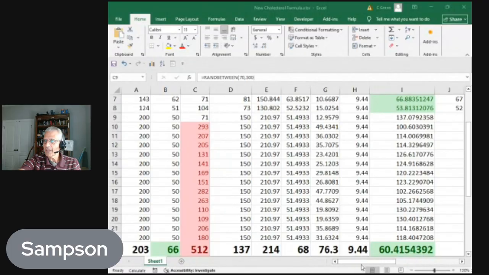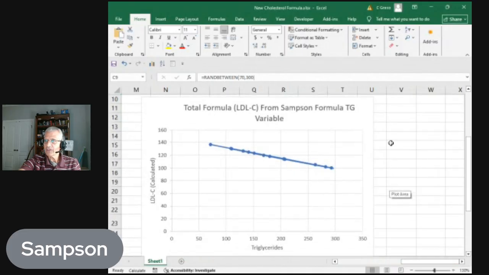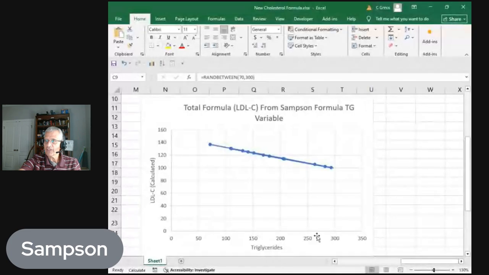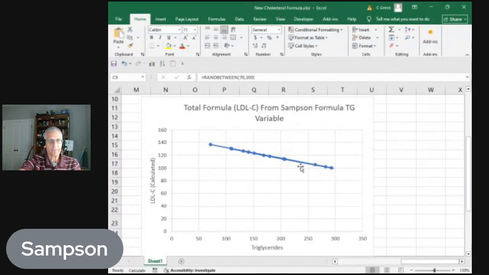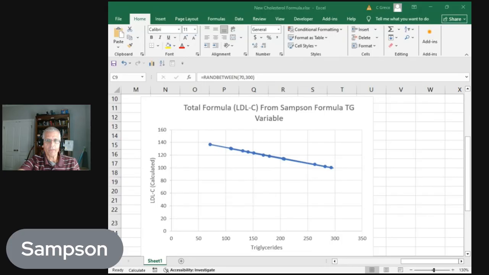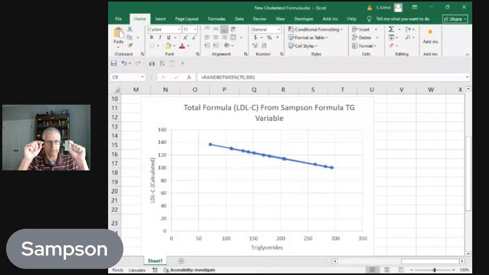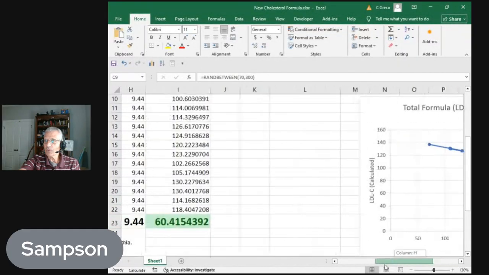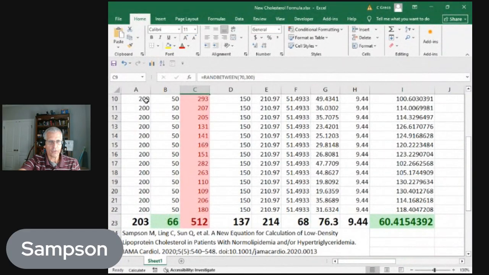So what I did was I went ahead and charted this Sampson formula. When your triglycerides go up, there's a couple things you have to focus on, and that is that the total cholesterol here is consistent at 200.